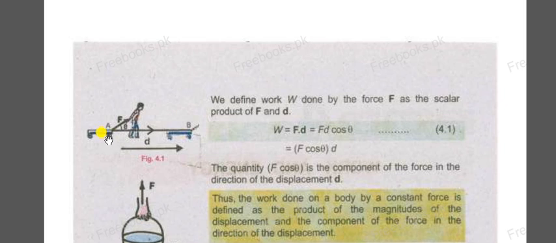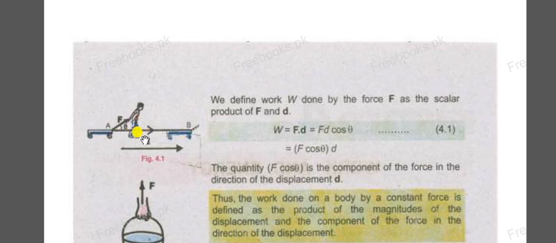a body is moving from point A to point B covering distance d, or the displacement d, when a force is being applied on it at angle theta. So if we divide the force into its components, its x component, that is F cos theta, is along the direction of d.